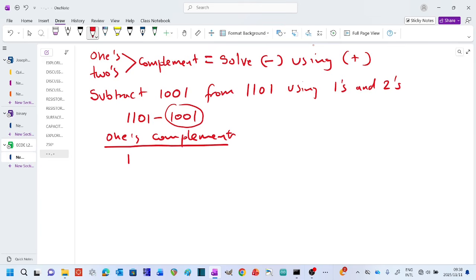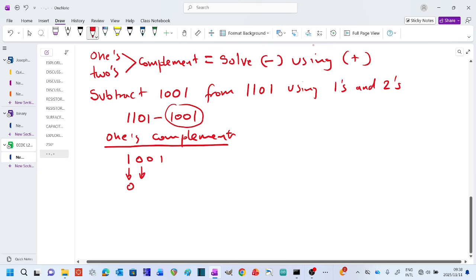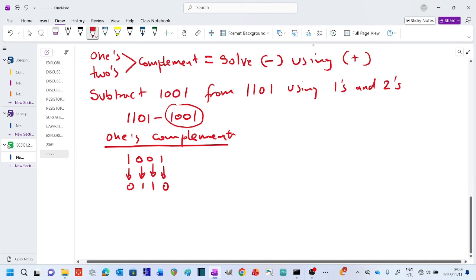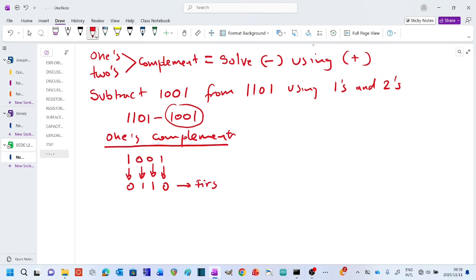The number is 1001. So 1 becomes a 0, 0 becomes a 1, 0 becomes a 1, and 1 becomes a 0. That's the 1's complement. Since we are only using 1's complement, we stop at the first complement.